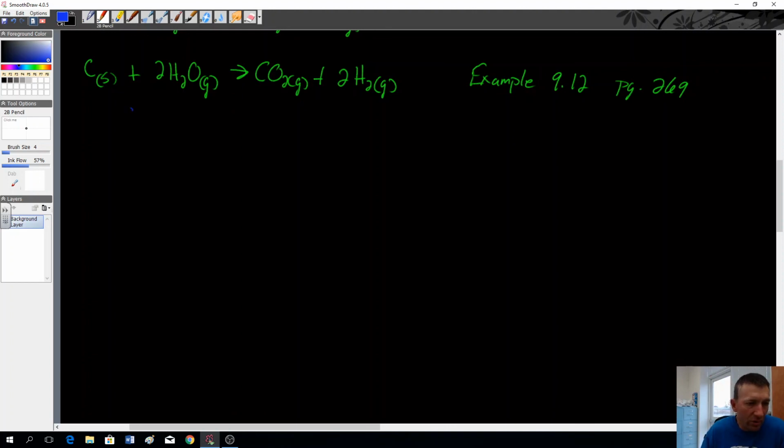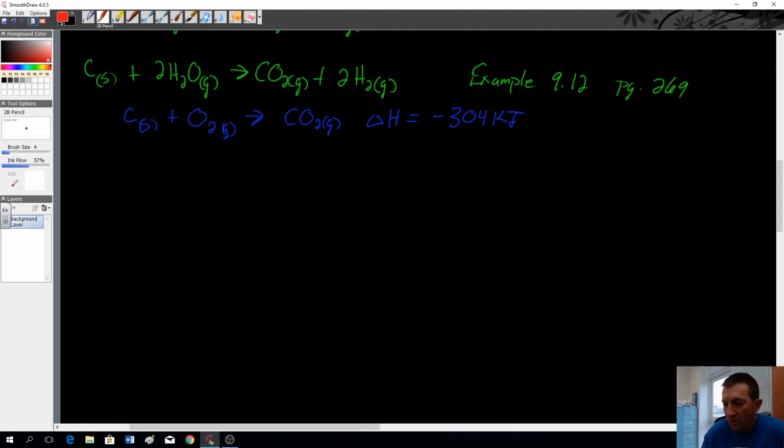The first equation is solid carbon plus O2 gas goes to make CO2 gas, and then it gives us the delta H. Delta H equals a negative 304 kilojoules. So that's our first equation.